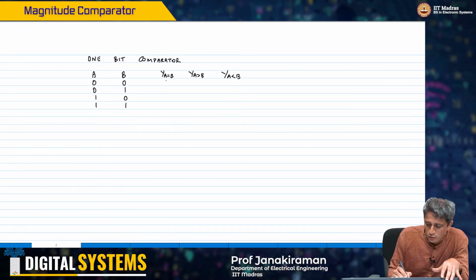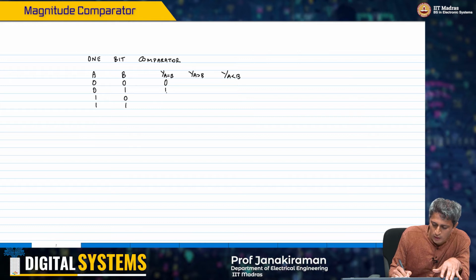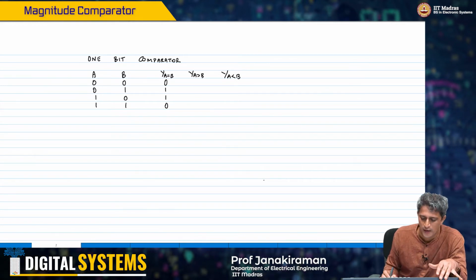So obviously the truth table for A equal to B is 0 1 1 0, right?